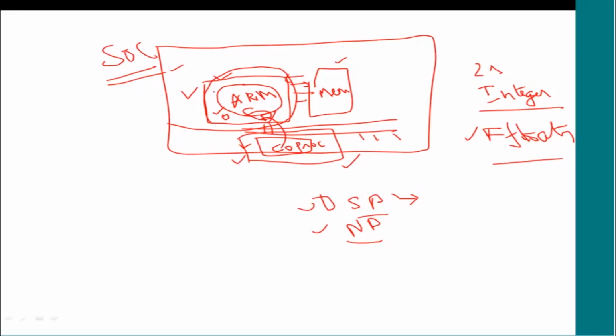So it effectively enhances the functionality of the ARM, at the same time preserving the simplicity of a single core. That is the intent of going in for a coprocessor.